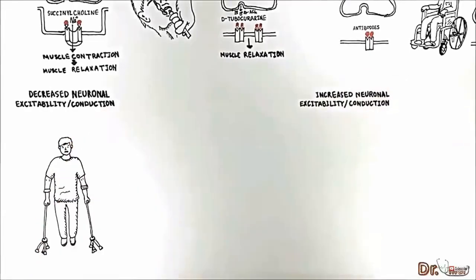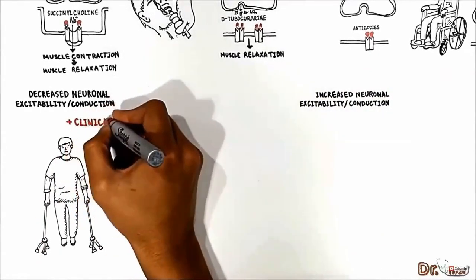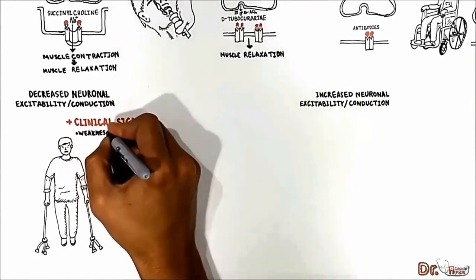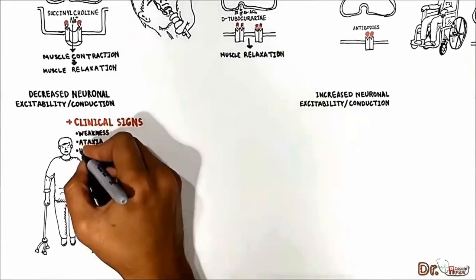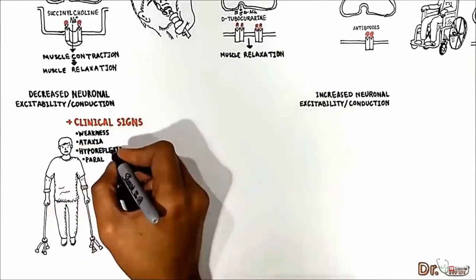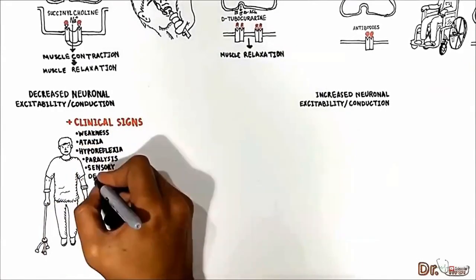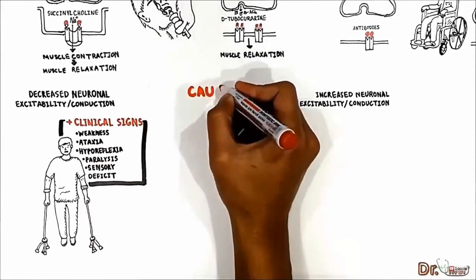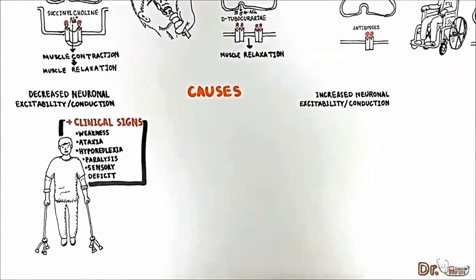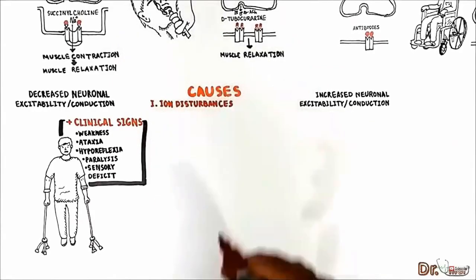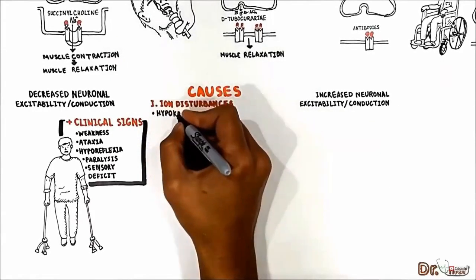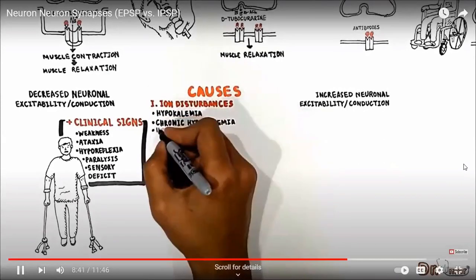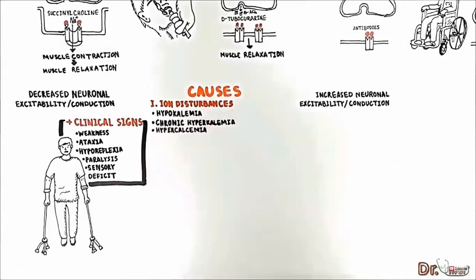Clinical signs of decreased neuronal excitability and conduction could include weakness, ataxia, hyporeflexia, paralysis, and sensory deficit. The causes of decreased neuronal excitability include ion disturbances that include hypokalemia, chronic hyperkalemia, and hypercalcemia.